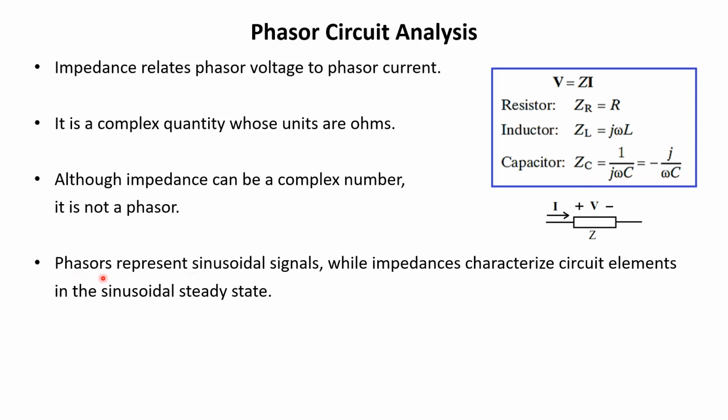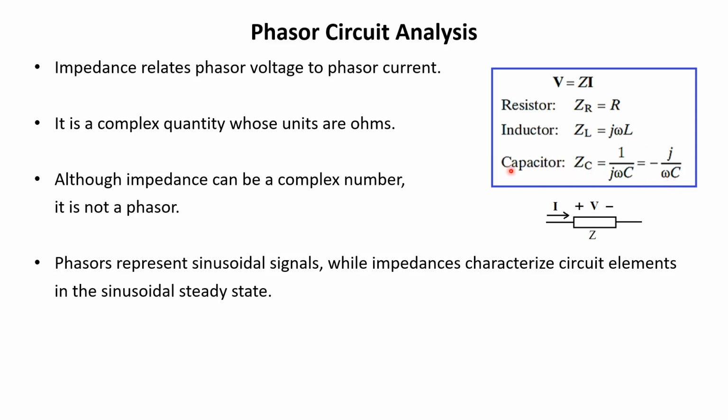Phasors represent sinusoidal signals, while impedance characterizes circuit elements in the sinusoidal steady state. We'll see in the following slides that this impedance is used to characterize circuit elements. Impedance used to characterize means used to show its behavior with respect to frequency.